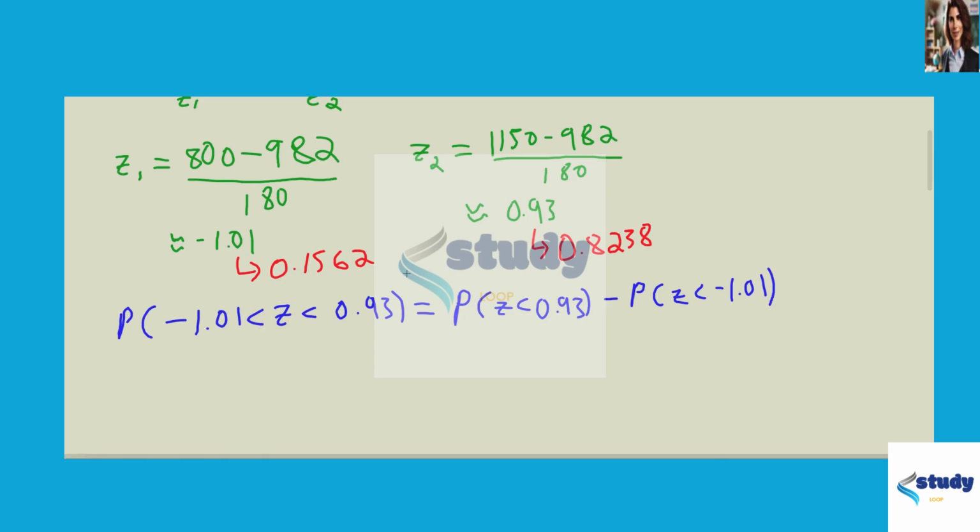So now we're just gonna plug these values back in here. So 0.8238 minus 0.1562, which gives us a final answer of 0.6676.